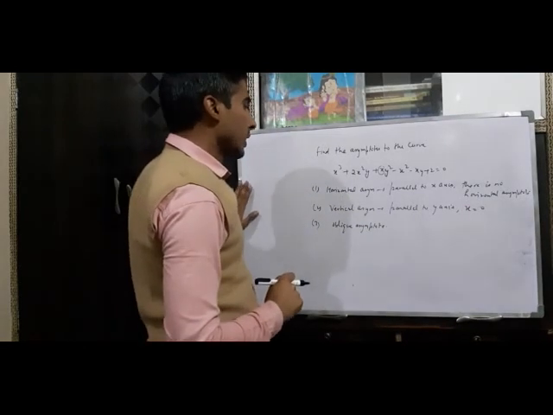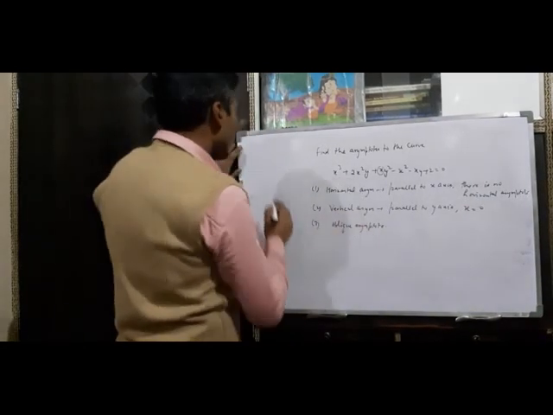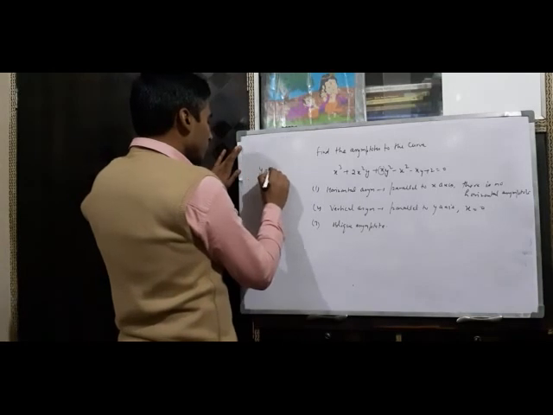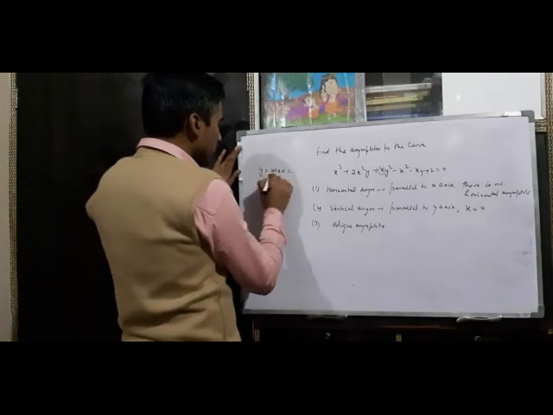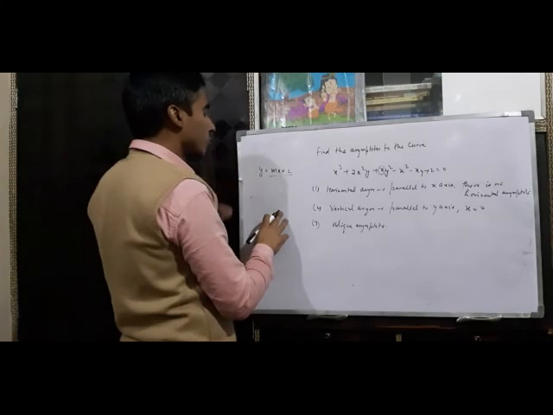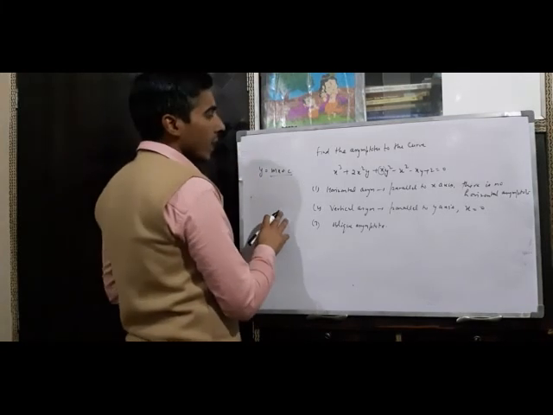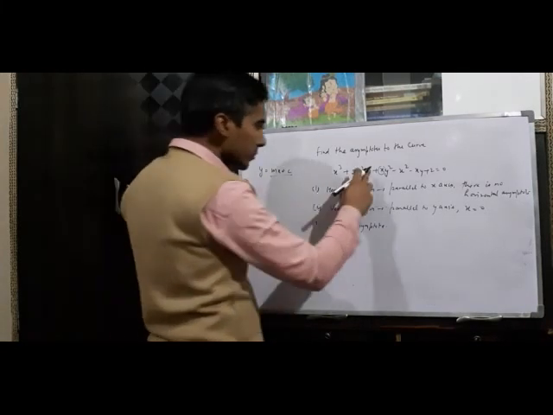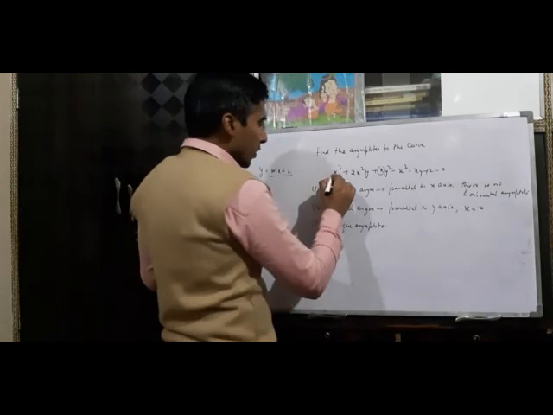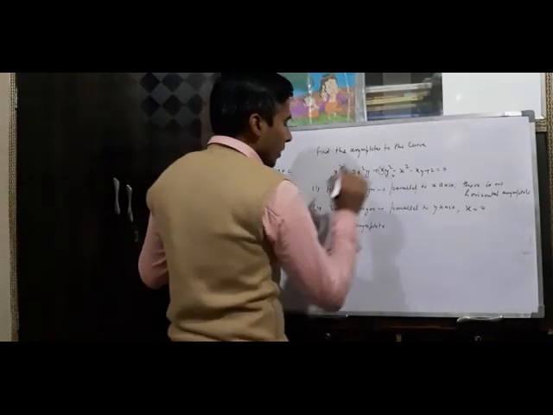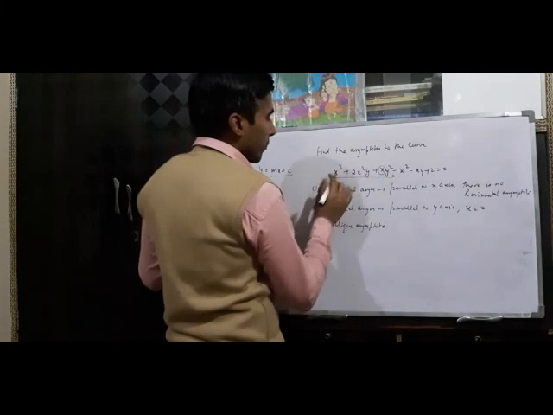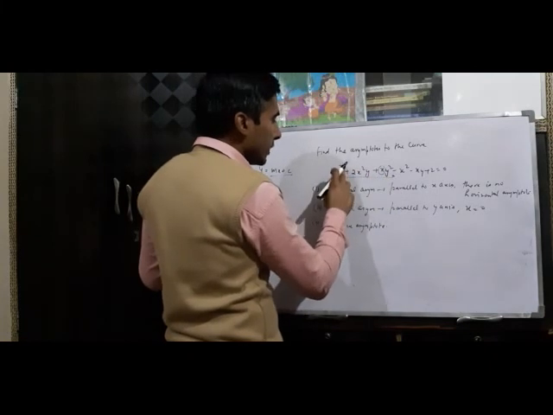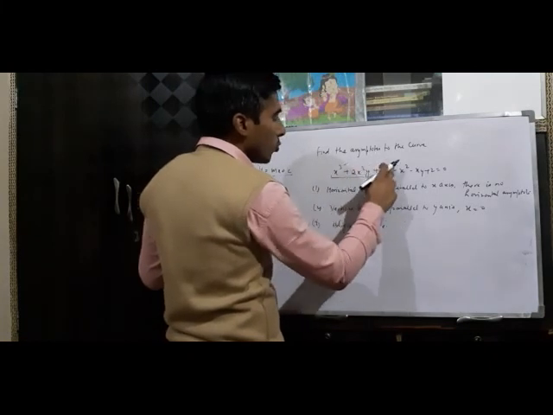Now we determine the oblique asymptotes. As you know, y equal to mx plus c is an oblique asymptote and we have to determine the value of m and c here. For this, first of all consider the highest degree terms. Here the powers are 3, 2, 1, 3, 1, 2, 3.